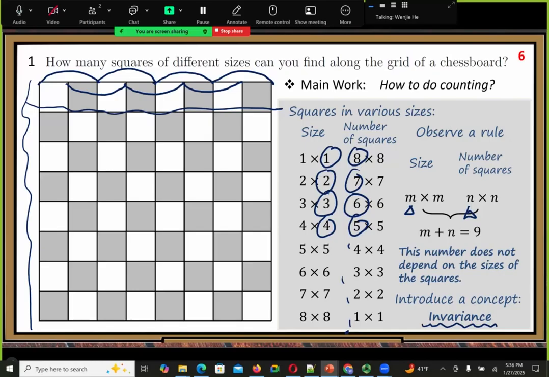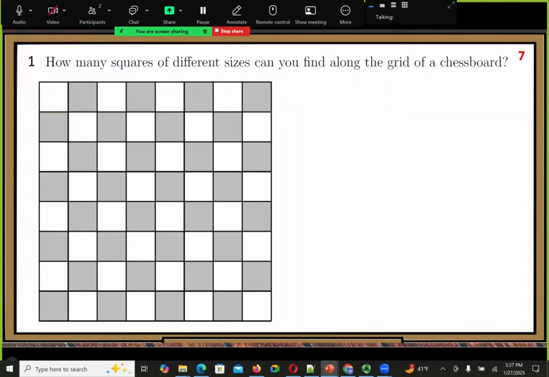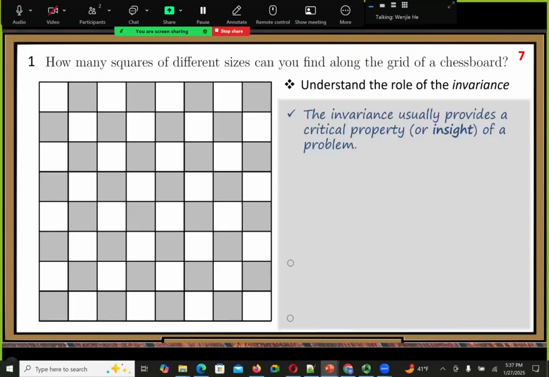All right. Then, why is it useful? Let me explain why it is useful. So let's continue. So we understand the role of this invariance in problem solving. Invariance usually provides us a critical property or insight of the problem.